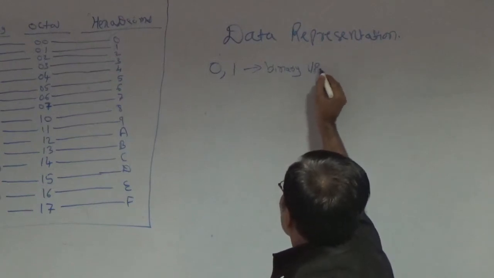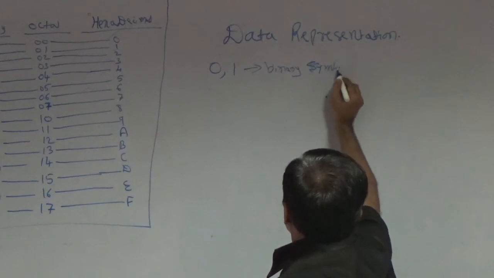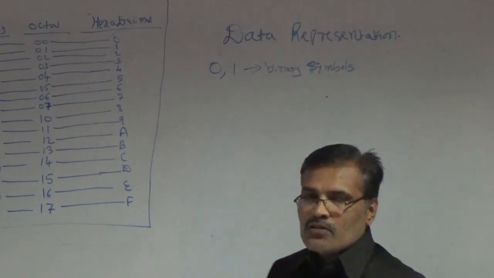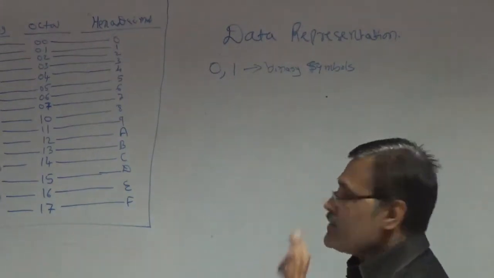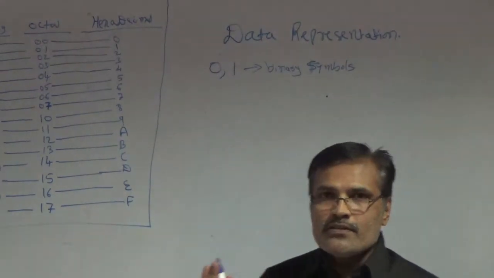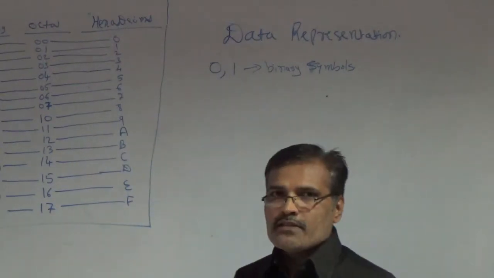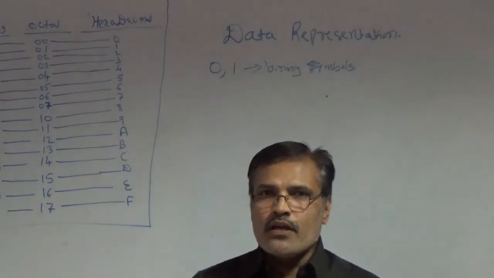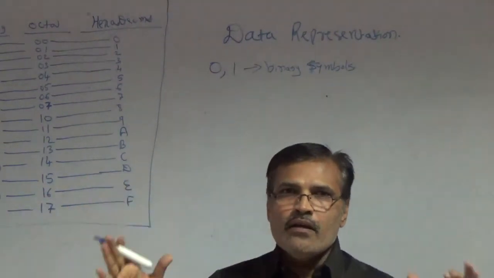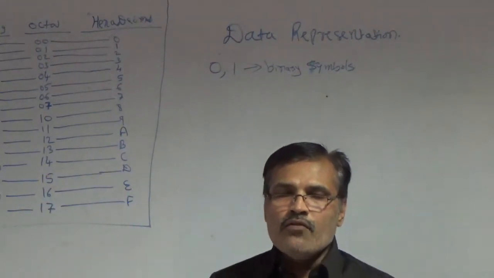So whatever data we want to convey to a computer is in the form of zeros and ones only. This is the internal representation. But for external representation, when it is presented to the user, it should be in decimal format, numeral format, or alphabetical format.